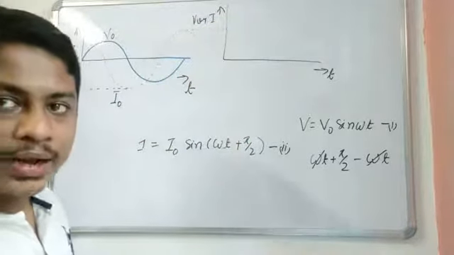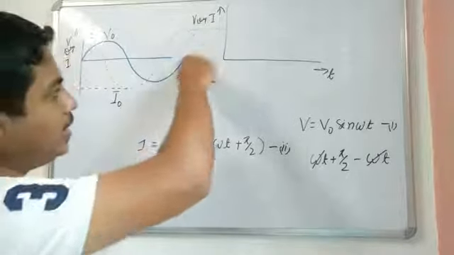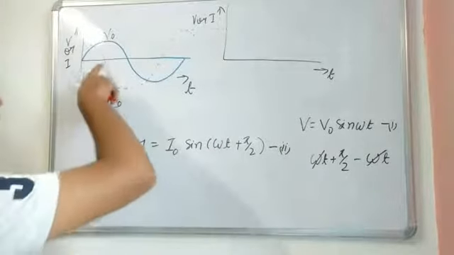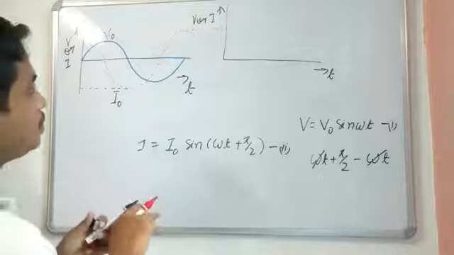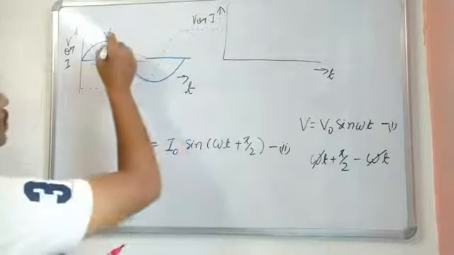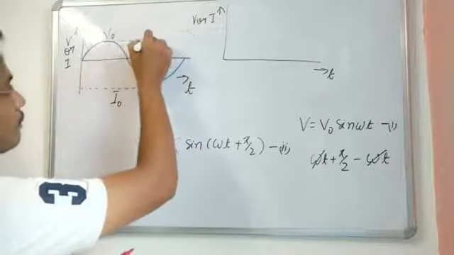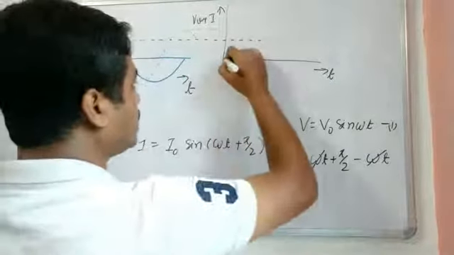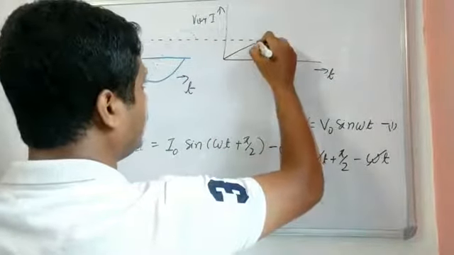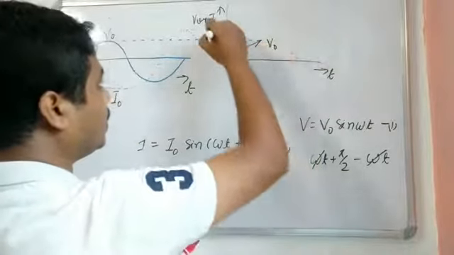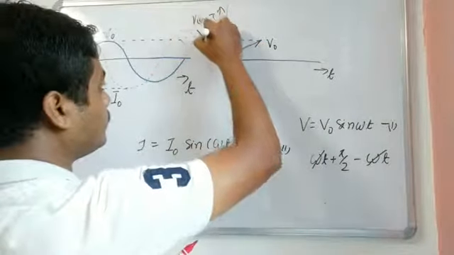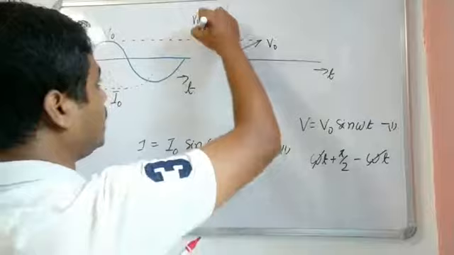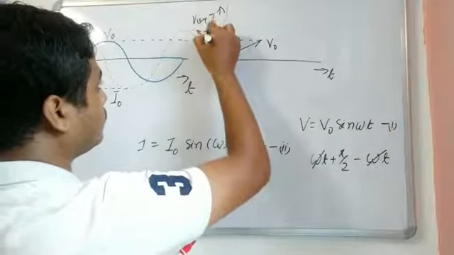Okay, you extend a line from the red line, then the same way you extend a line from the voltage also. So this will be your V naught and this will be your I naught.